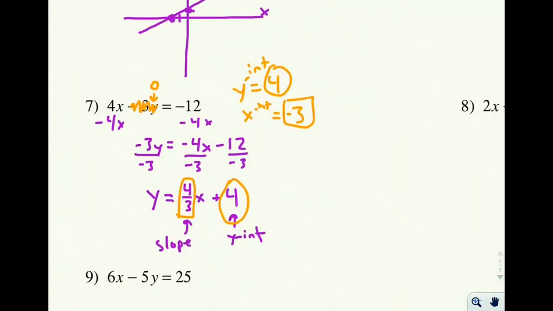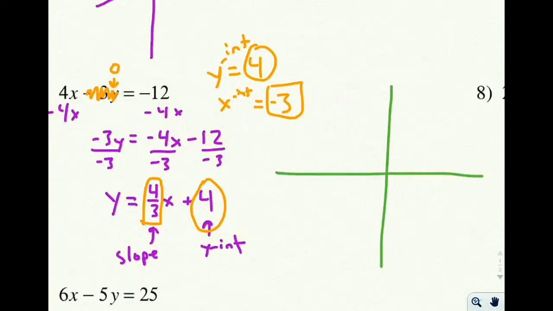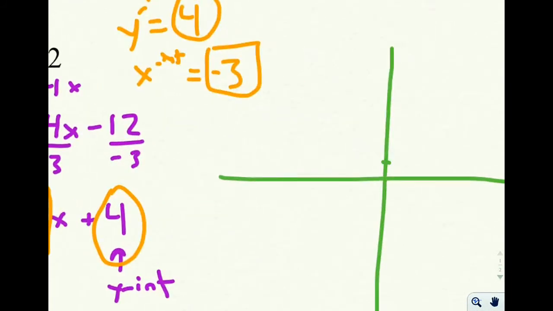If I'm going to create my graph over here, let's try it this way. If I did my y-intercept of 4, and then I had a slope of, for every 3 I go over, I go up 4. I could go the reverse direction as well. I could go down 4 and left 3, because my slope here is still going up.